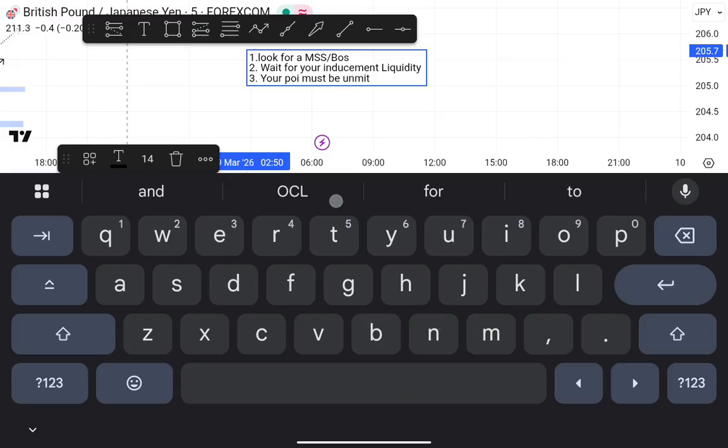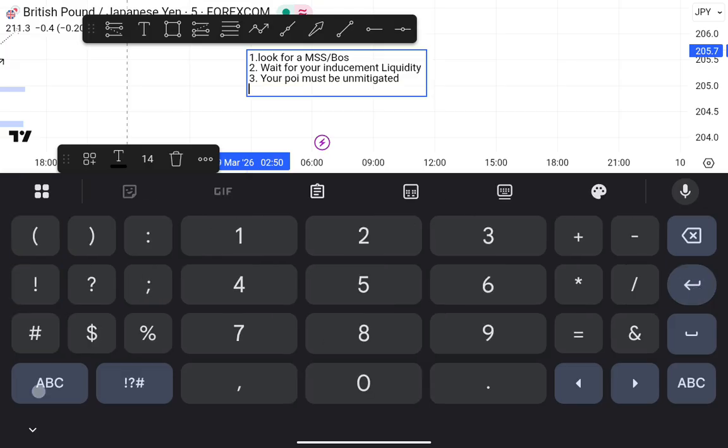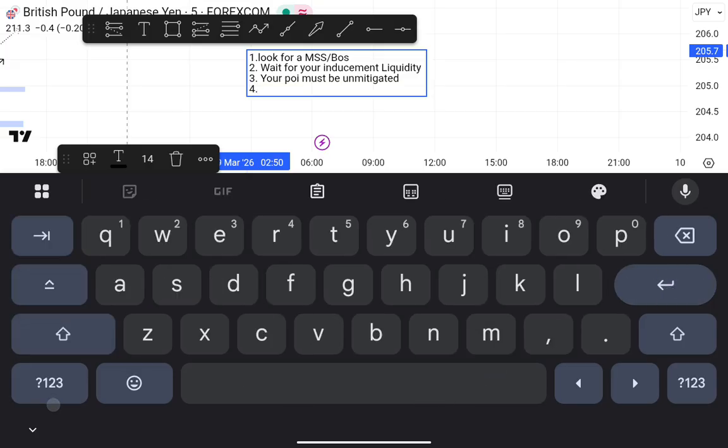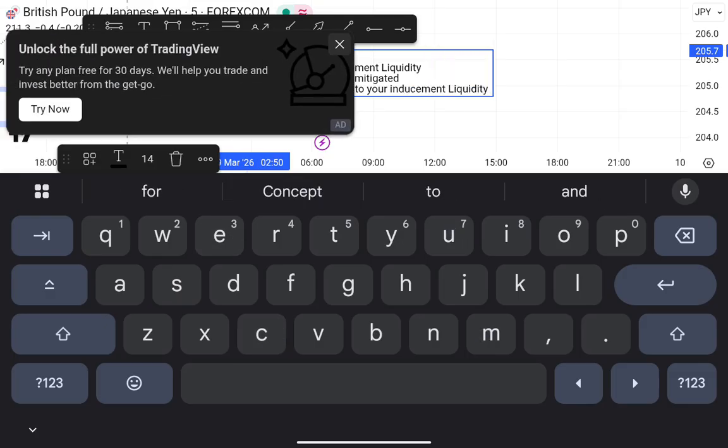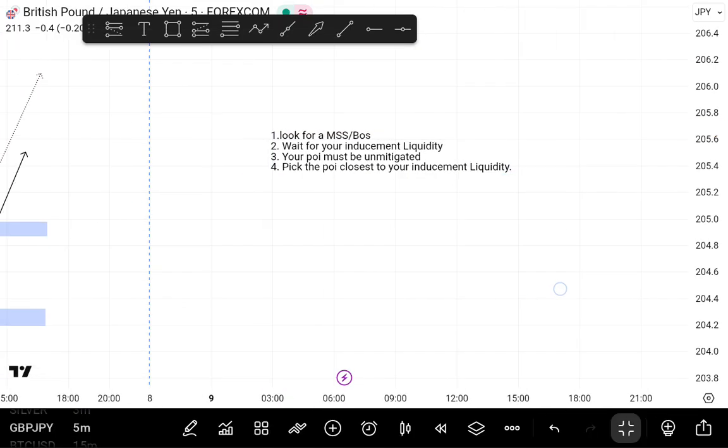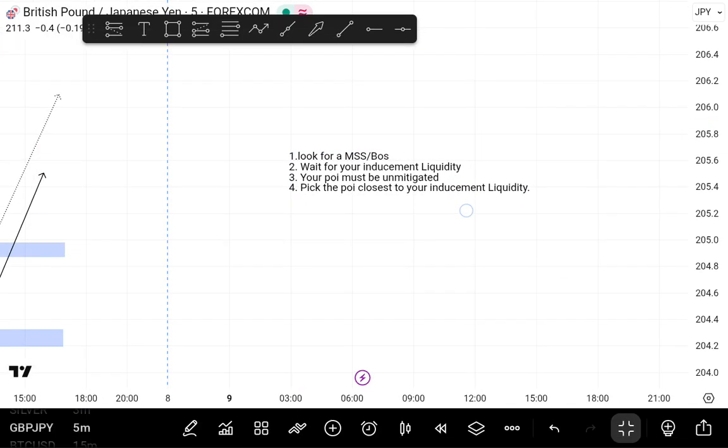Then the fourth one is fixed POI, just liquidity. Inducement liquidity. POI causes your inducement liquidity.